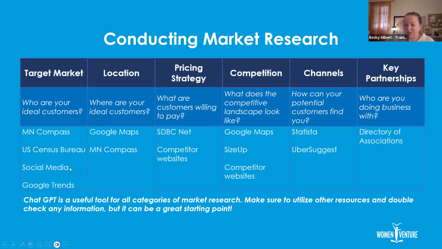Social media. So this is one that I mentioned. I used social media for so much of my market research, for both determining my target market and researching my competition. For determining your target market, it's a great technique to see, again, like I said, what are people complaining about online?